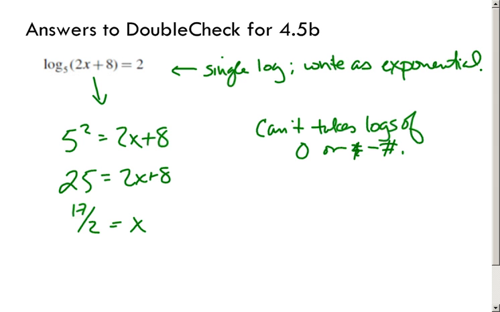So if we ended up coming up with an answer that would force, in this case, the log base 5 of a negative number or 0, like if you came up with x equals negative 4, you wouldn't be able to do that. Now, you can still have x values that equal 0. You can have x values that are negative, because it would still be like here, if x was negative 2 or negative 1, you would get the log of 6, and you'd still be okay with that.